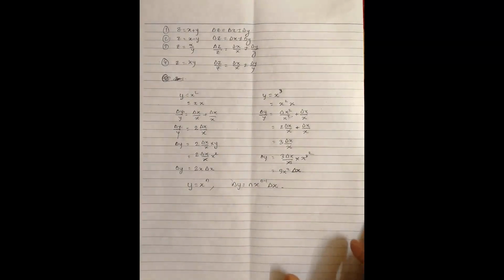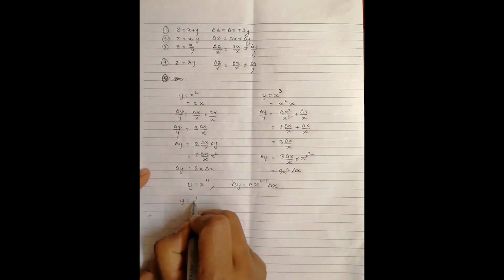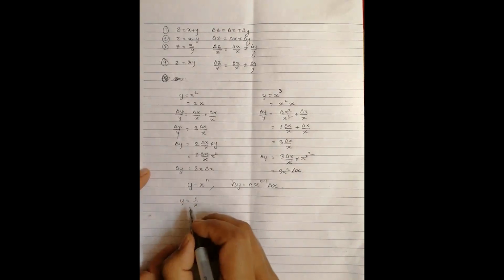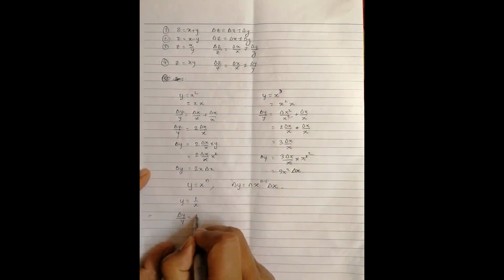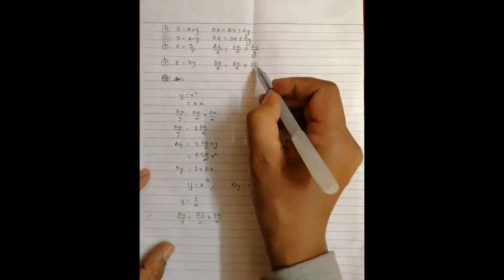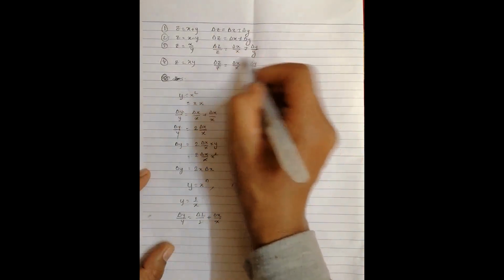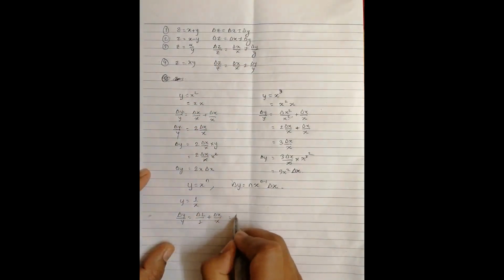And now if I have a quantity such as, for example, y is equal to 1 by x, then what I can do here is delta y by y is equal to delta 1 by 1 plus delta x by x, which we have already done here. So delta 1 is 0, so this becomes simply delta x by x.